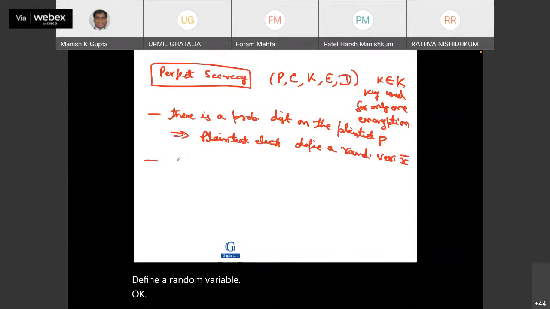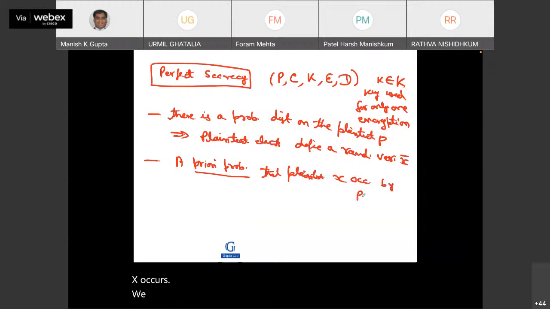A prior probability that plain text x occurs, we denote it by Pr[x bar = x].